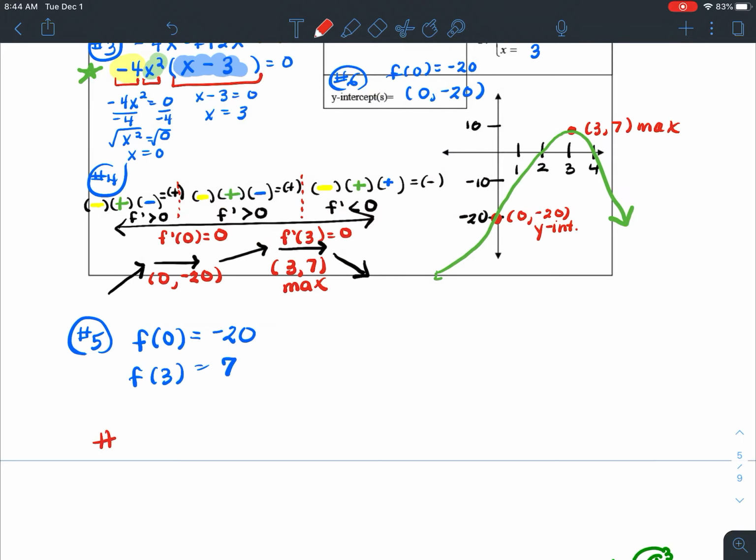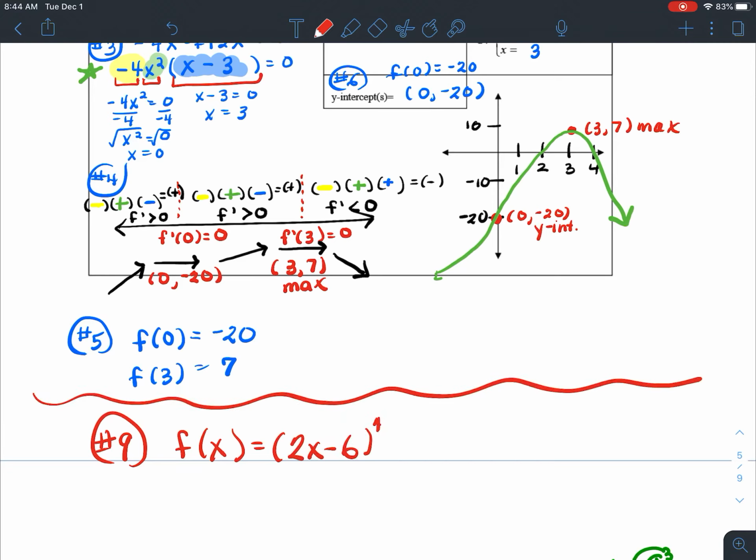For number 9 on the homework, the problem started out like this, and this problem only asked you to find the critical values. This exponent was a 4 here, okay? So this is going to require us to do the chain rule to take the derivative, okay?